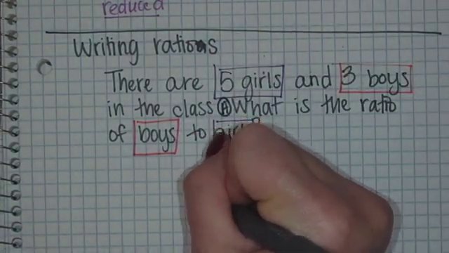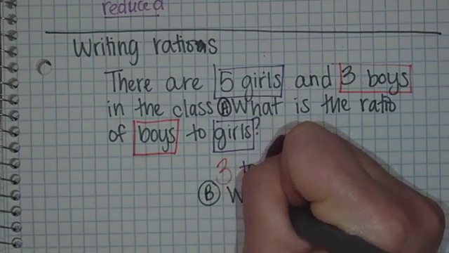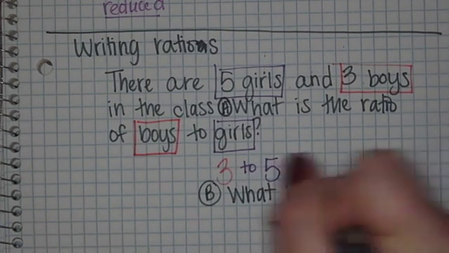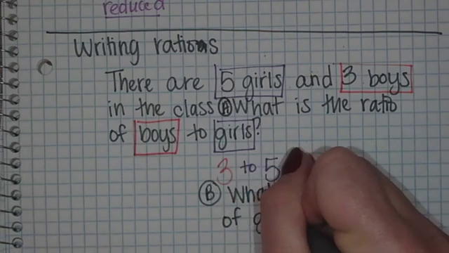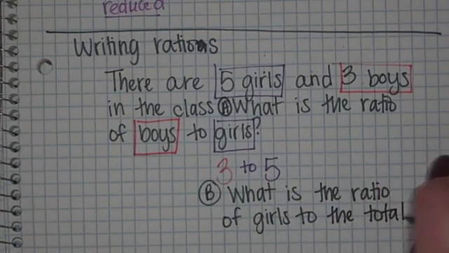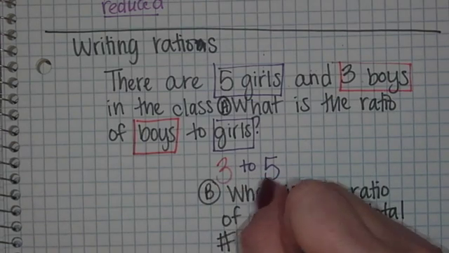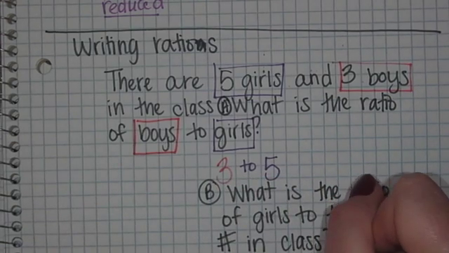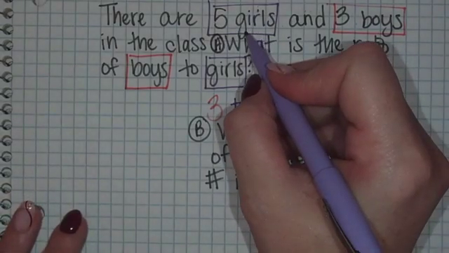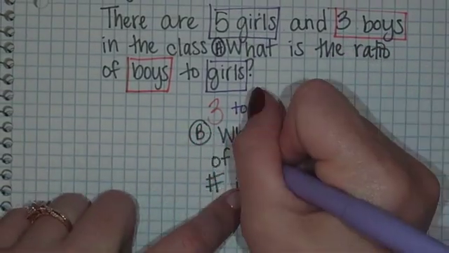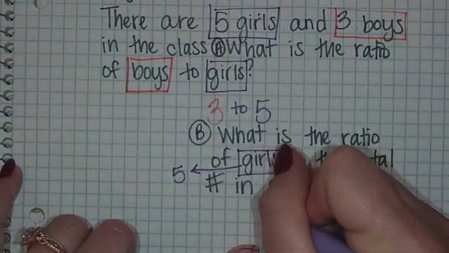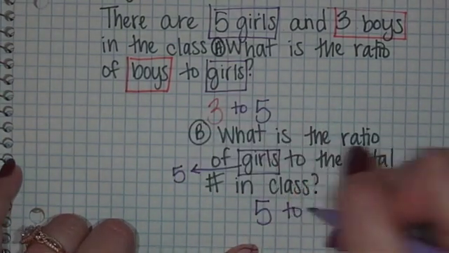Let's write part B. What is the ratio of girls to the total number in class? So what is the ratio of girls? Girls was 5, so you would do 5 to.